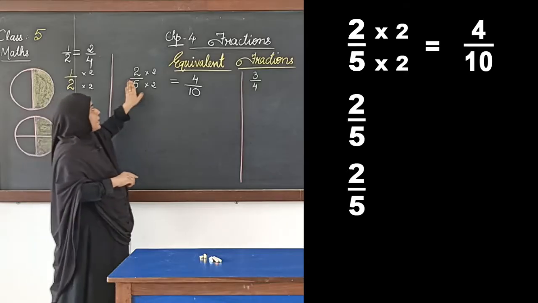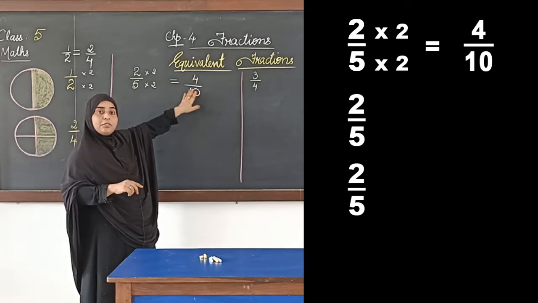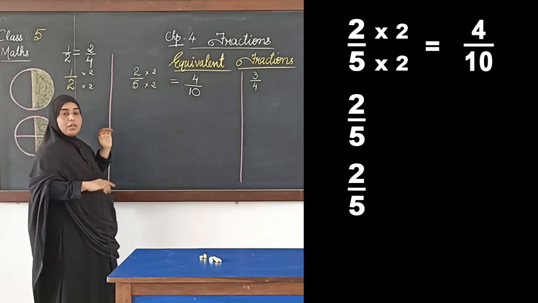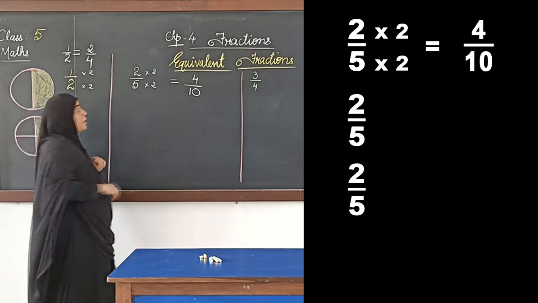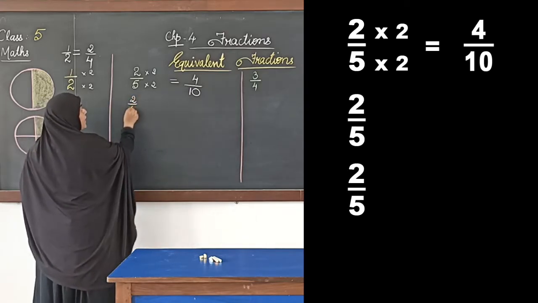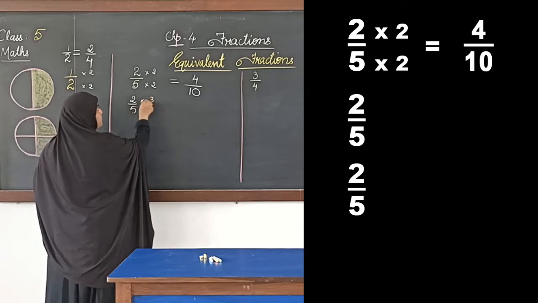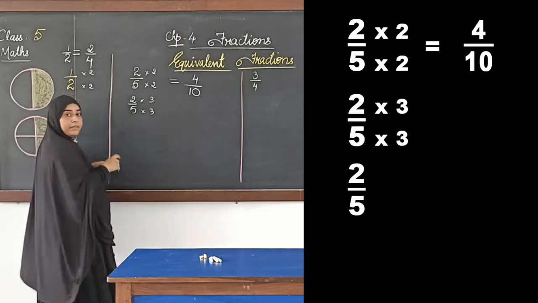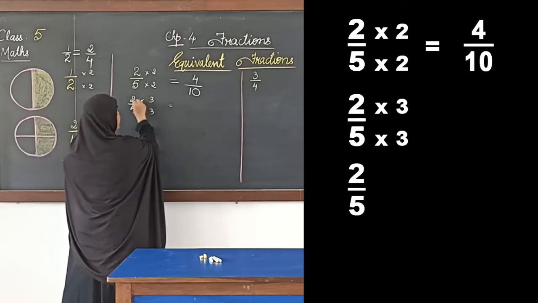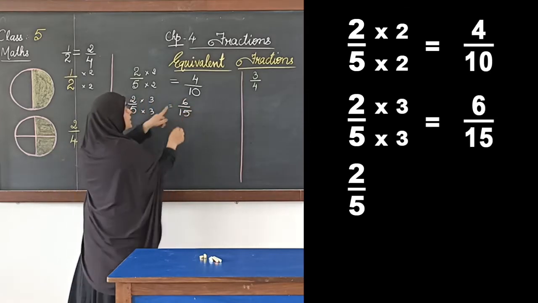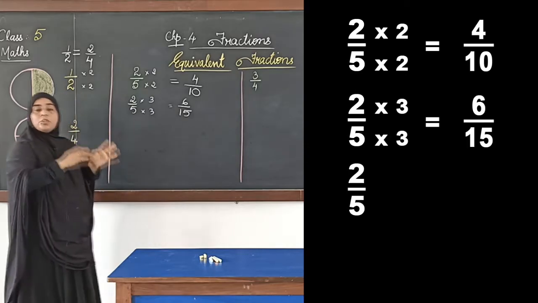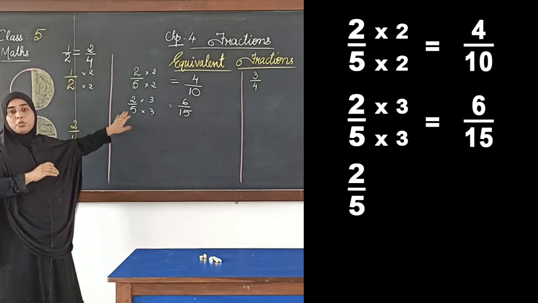So, is it that I can have only one equivalent fraction for a fraction? No, I can have many equivalent fractions for 2 by 5. If I multiply 2 by 5 with 3, I will get another fraction: 2 into 3 is 6 and 5 into 3 is 15. 6 by 15 is also an equivalent fraction of 2 by 5.